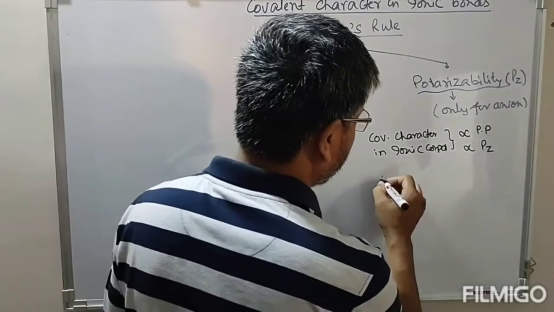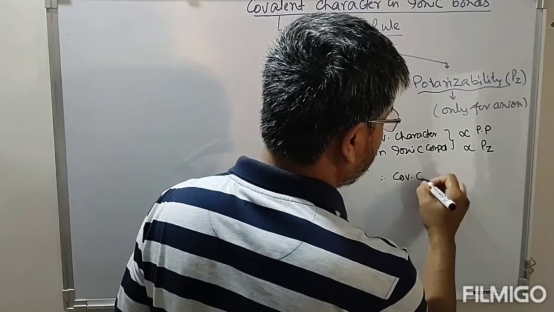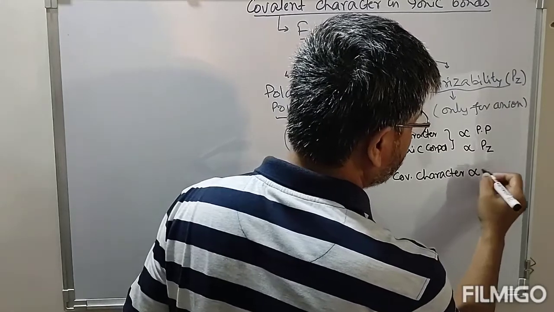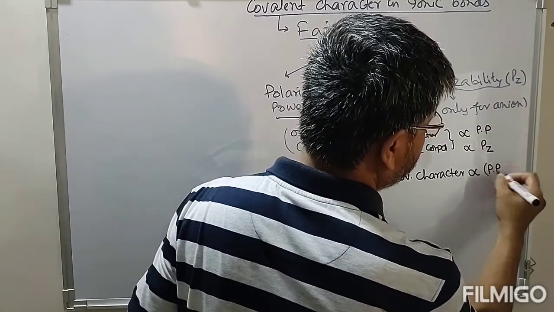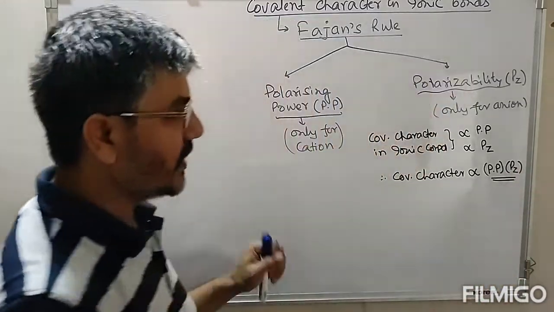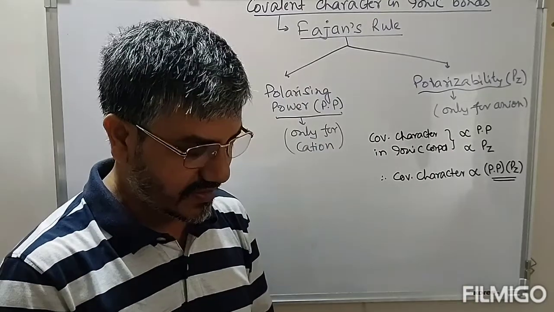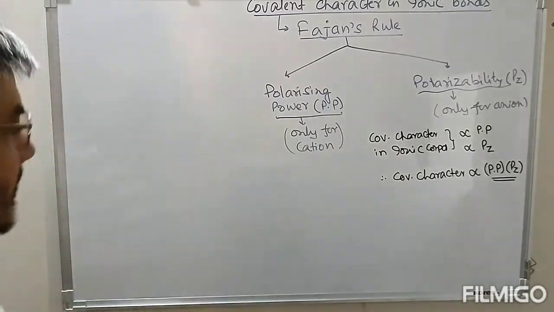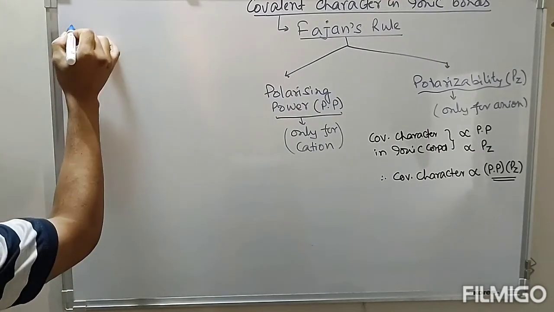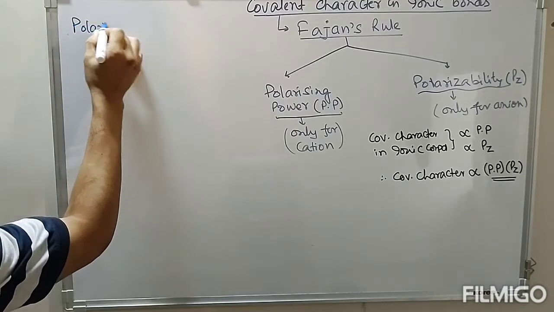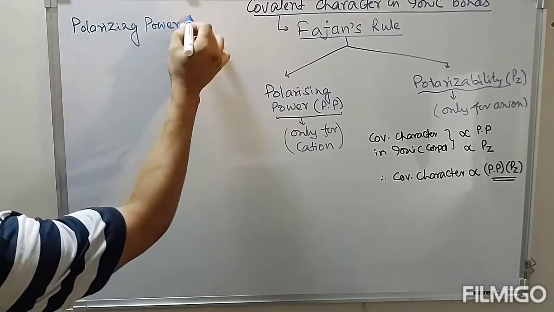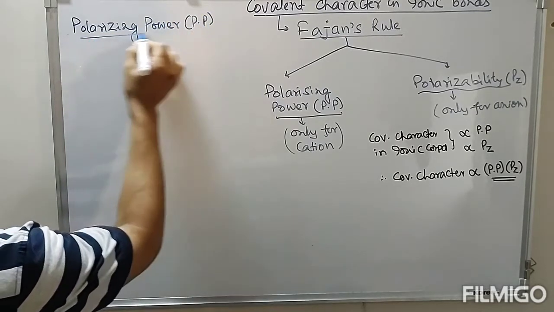So therefore, covalent character is directly proportional to the product of polarizing power and the polarizability of anion. So we can compare the polarizing power and the polarizability of the cation and the anion. Coming to the first term, that is polarizing power of cation.